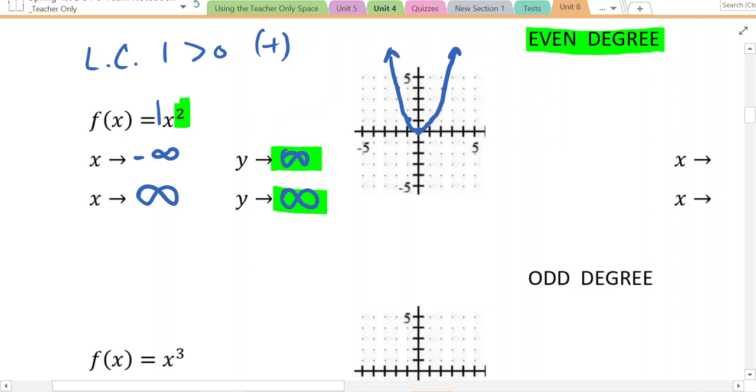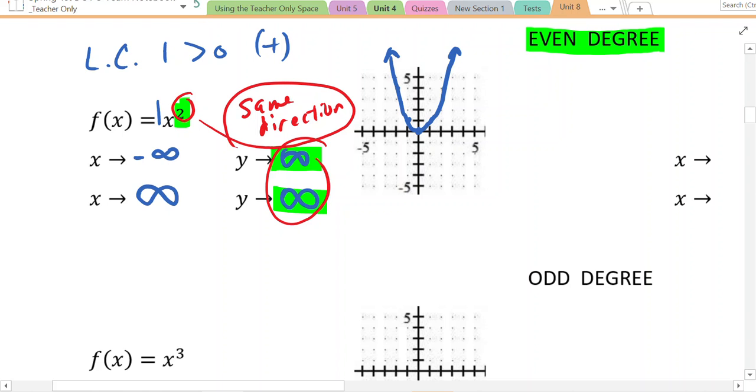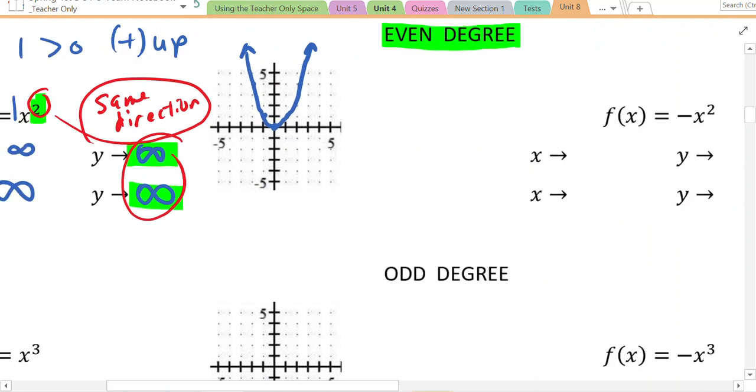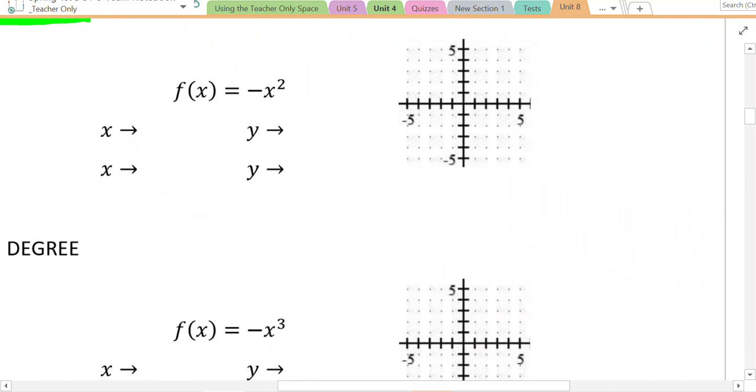Let me write that in red because we did that earlier in red. Same direction. The even tells me same direction. The positive tells me both are up. They're both going to positive. It's both up.